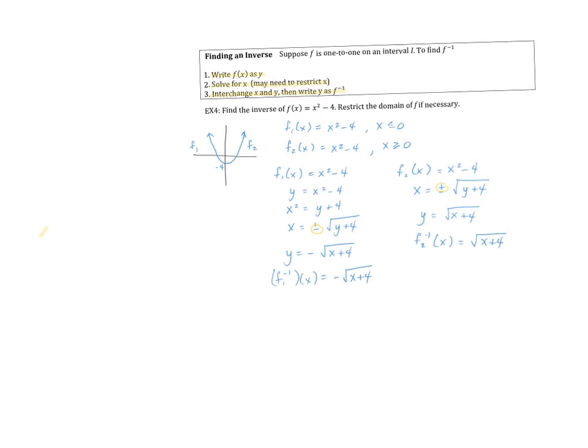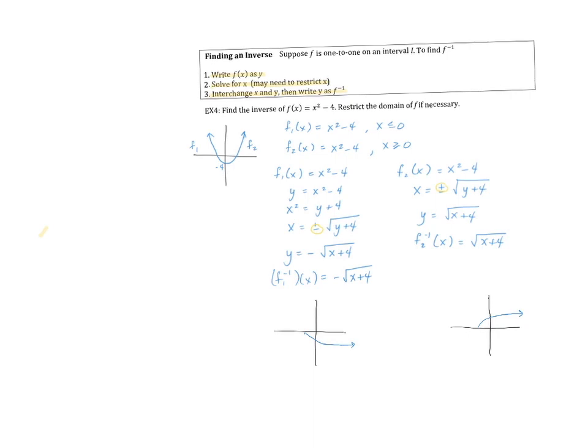Something interesting to note is if we were to graph these, f sub 1 inverse is going to be a lower half of a parabola. Sorry, my sketches are kind of bad. And then f sub 2 inverse is the upper half.